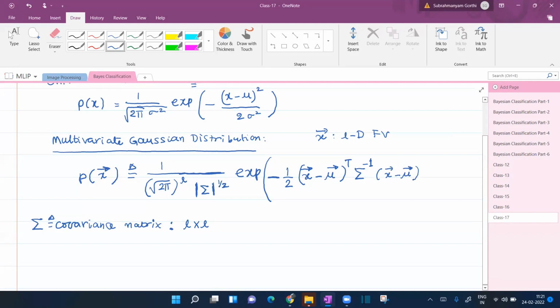Okay, this is what I have inside the exponential. Now at least you tell me what is the expression inside my exponential. Is it a scalar or a vector?